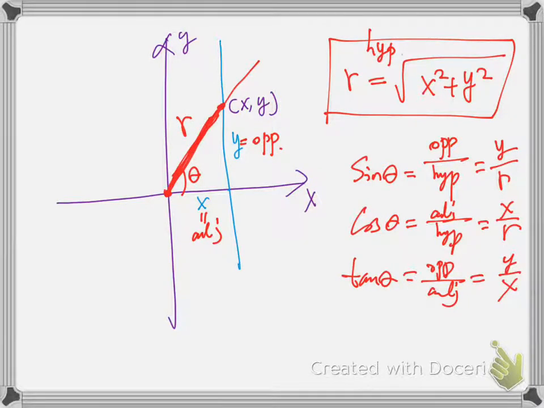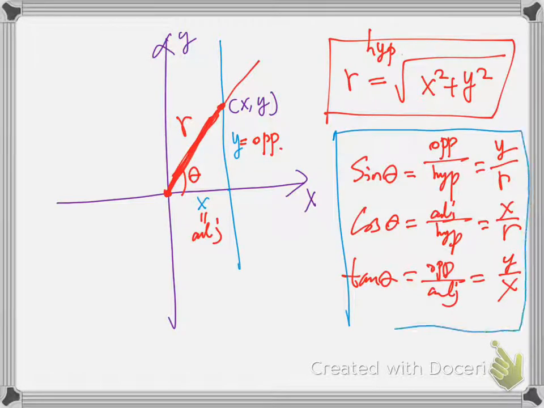And you flip them, you get the other three. So now you have to remember these new definitions for any points in the plane. Flip these three, you get the other three.